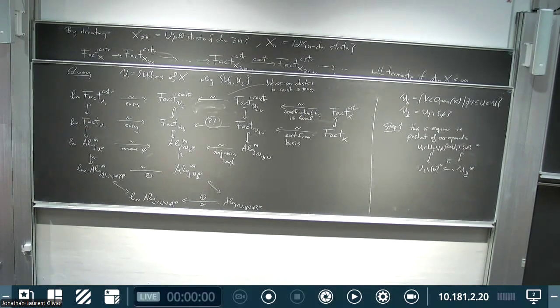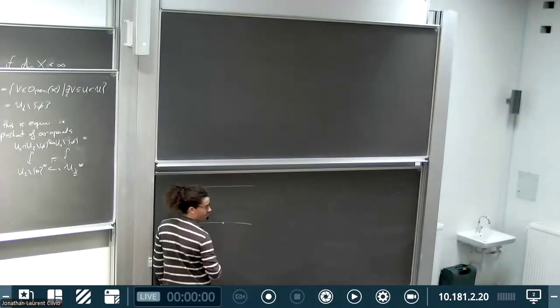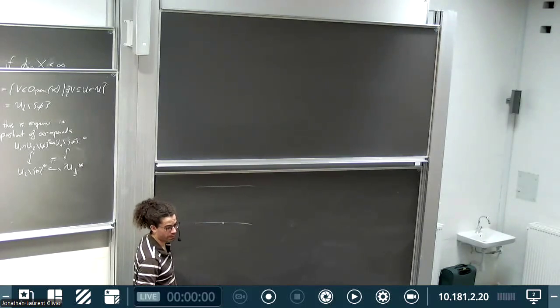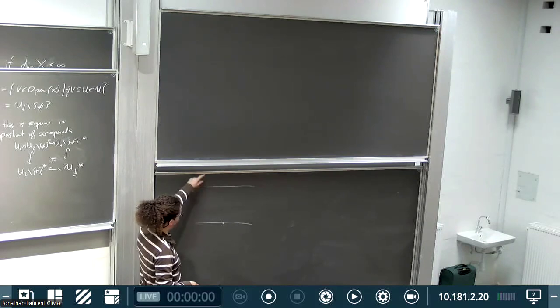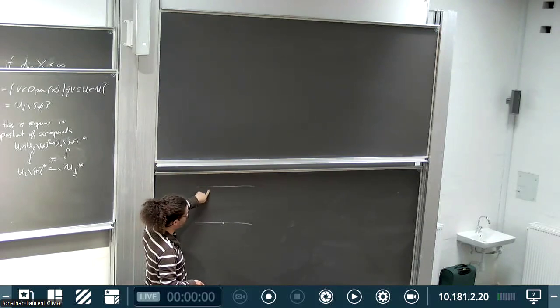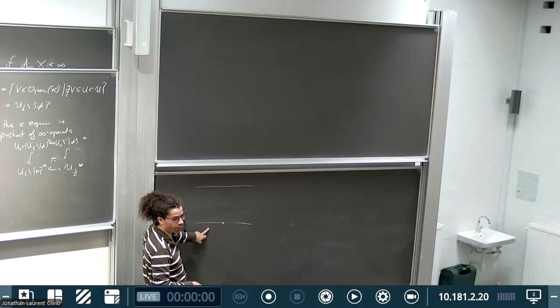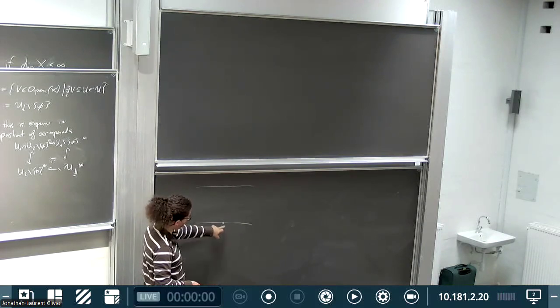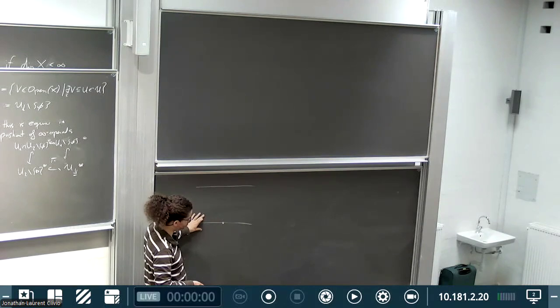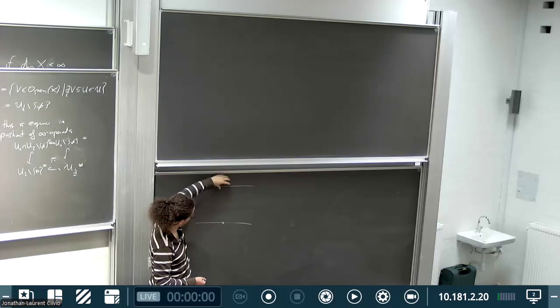So let me just make sure I understand what you're asking. For example, I take R, and then I take the same thing but with an additional stratification? Yes. Then factorization algebras here will just be a full subcategory of the ones here, because the constructibility condition here will be a weaker condition.